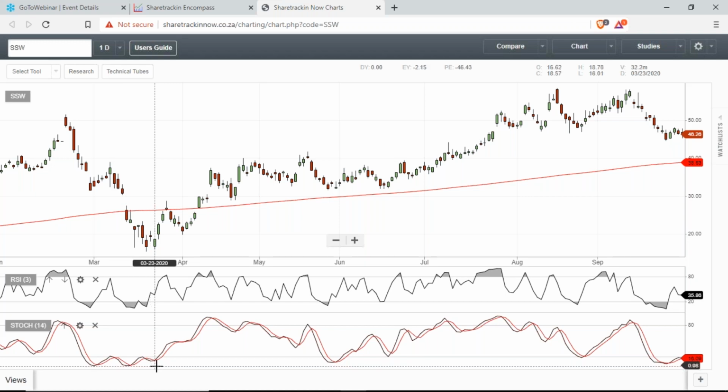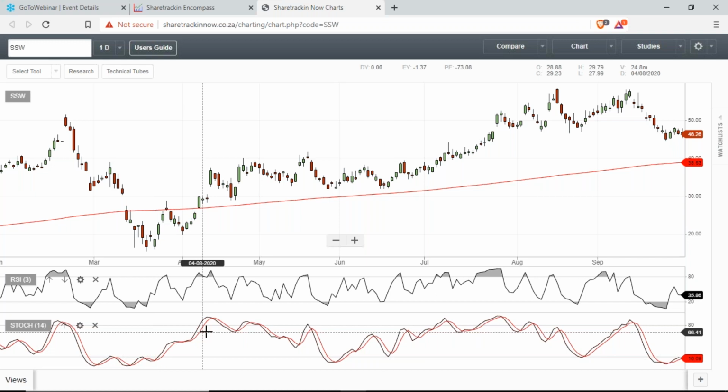So it dropped a bit. There I would have bought on the 23rd of March. Now this share is climbing, and there above my 80 mark, my stochastic crossed again. And there I would have sold. Okay.